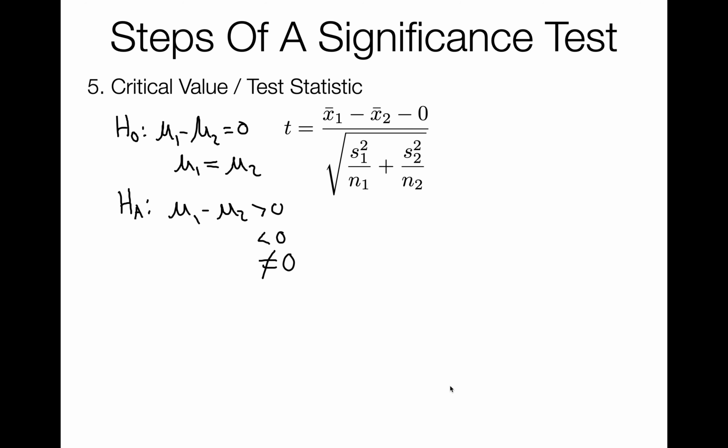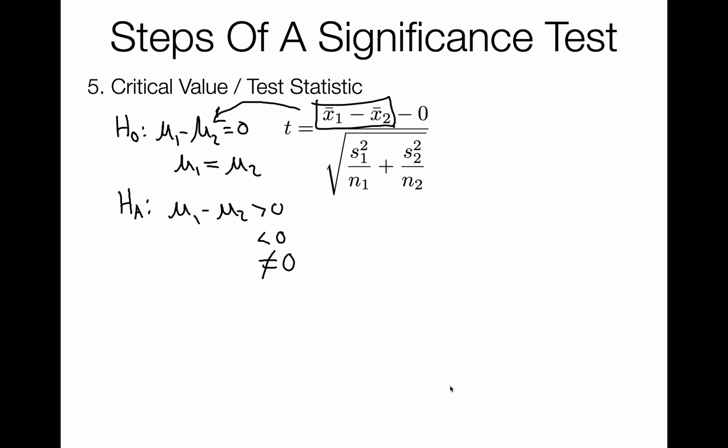This is important to understand, because in our test statistic, we always have the value of the sample statistic, x bar 1 minus x bar 2, which is the sample version of mu1 minus mu2, minus the hypothesized value.